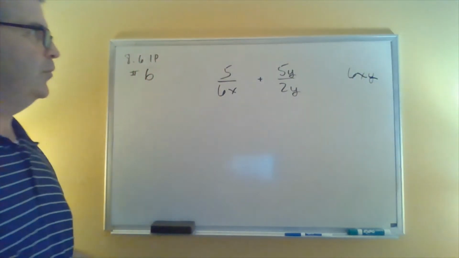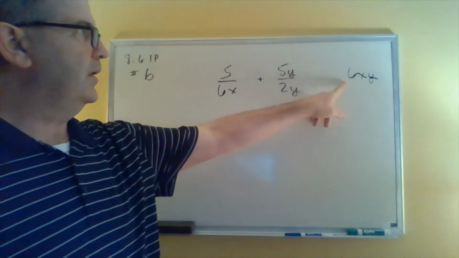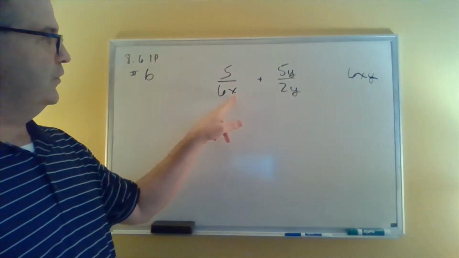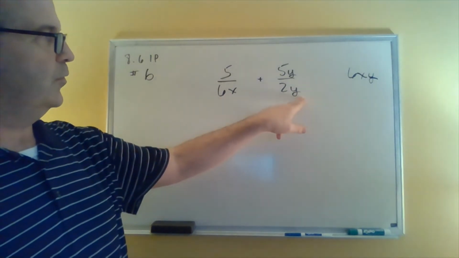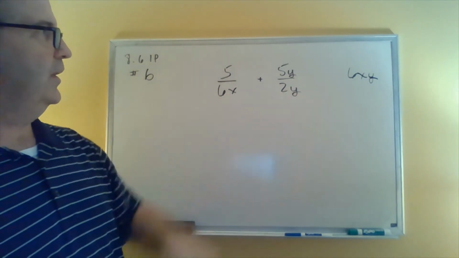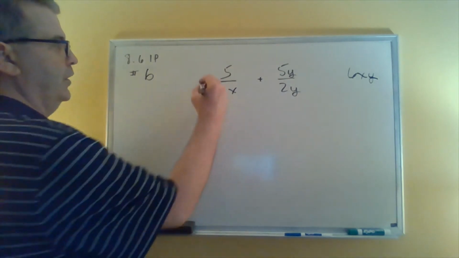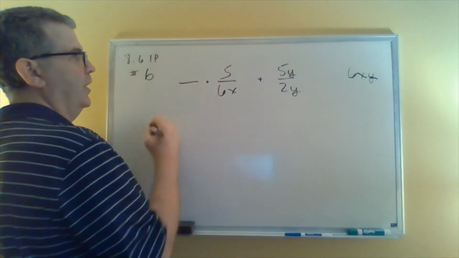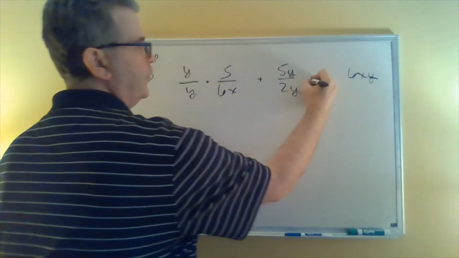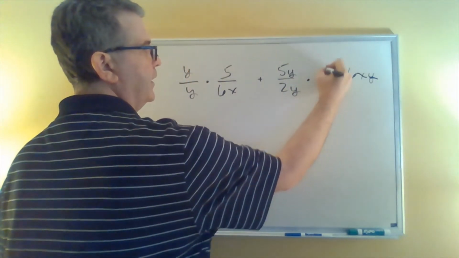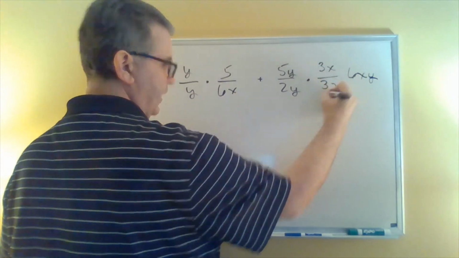My greatest common multiple of 6 and 2 is 6, and then I just need to multiply this by y to get 6xy. I'm going to need to multiply this by 3x to get 6xy. So let's go ahead and multiply those. Multiply my first fraction by y over y. Multiply my second fraction by 3x over 3x.